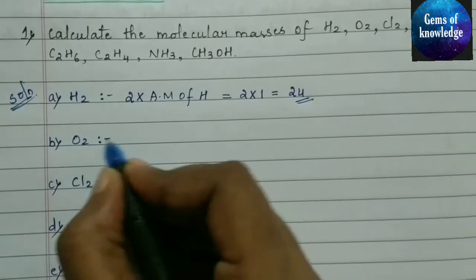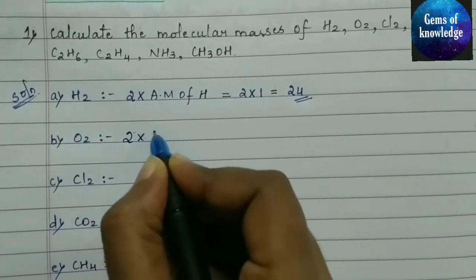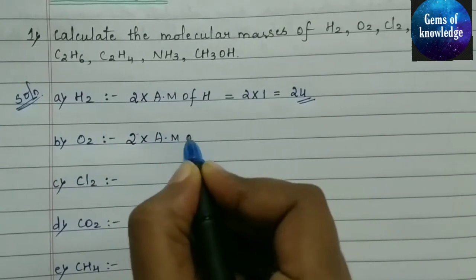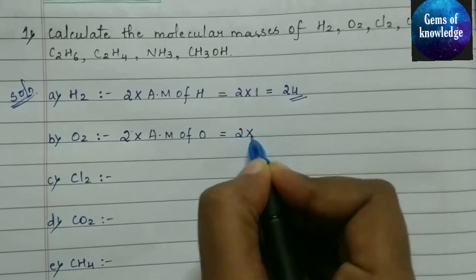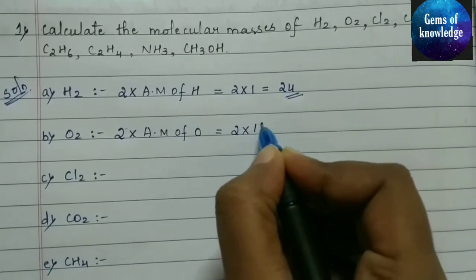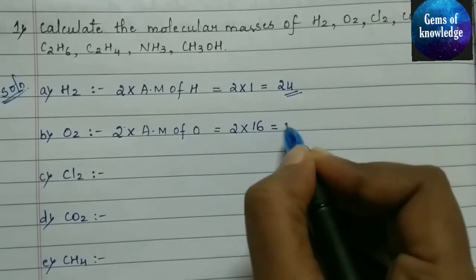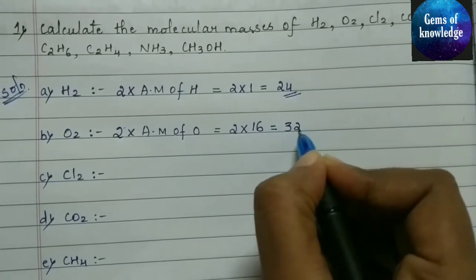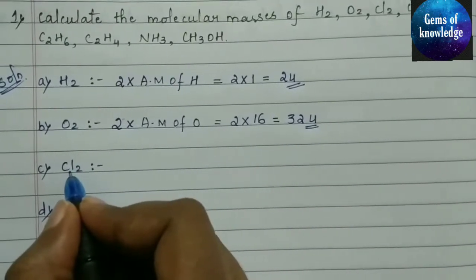Okay, next one is O2. So here also 2 atoms of oxygen are there. So 2 into the atomic mass of oxygen. What is the atomic mass of oxygen? It is 16. So 2 into 16, we are getting the answer as 32 units. Okay, next we are having Cl2.